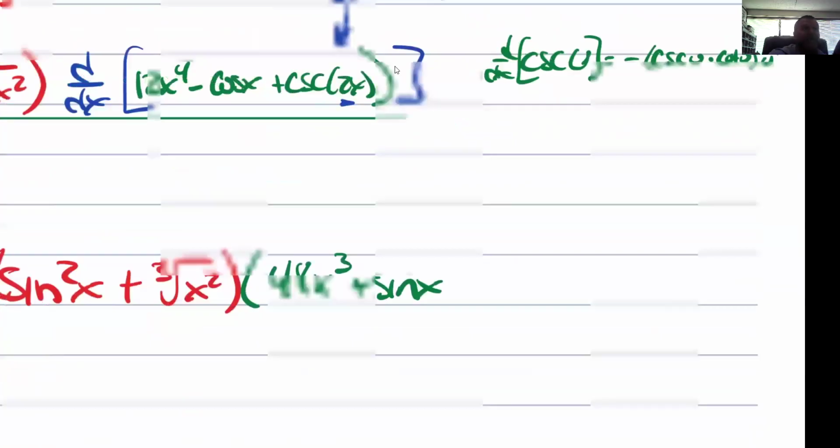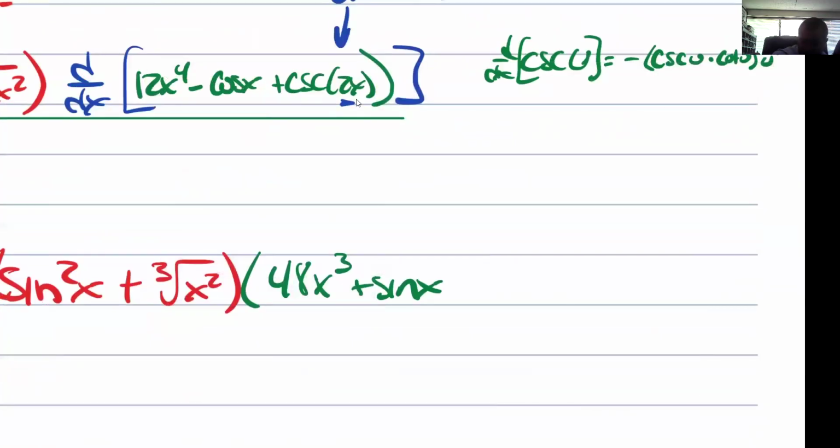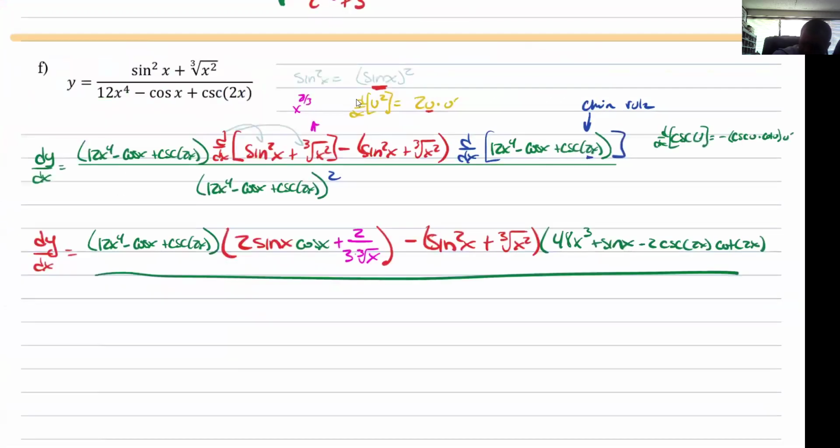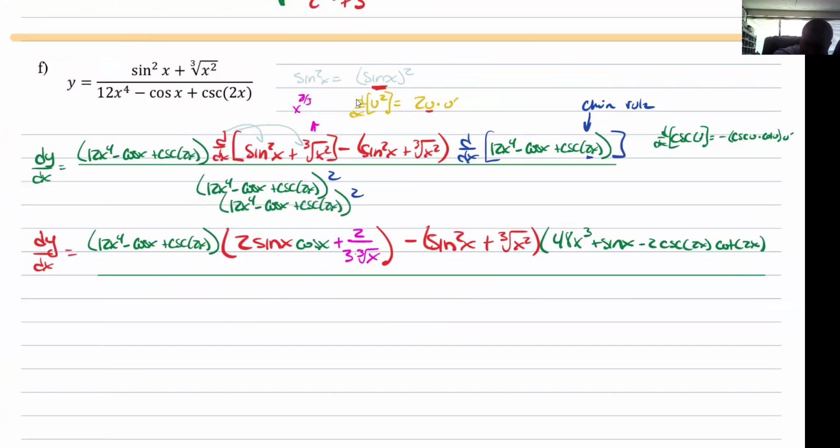So u prime is easy. It's just going to be the derivative of 2x, that's going to be 2. So I'm going to get a minus 2 cosecant of u, which was 2x, cotangent of u, which was 2x. So we have that whole thing all over our denominator squared. And yeah, I don't want to simplify this any more than you want to simplify this thing. This would be our derivative.